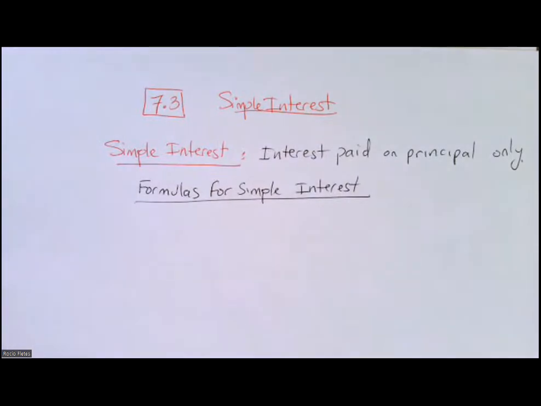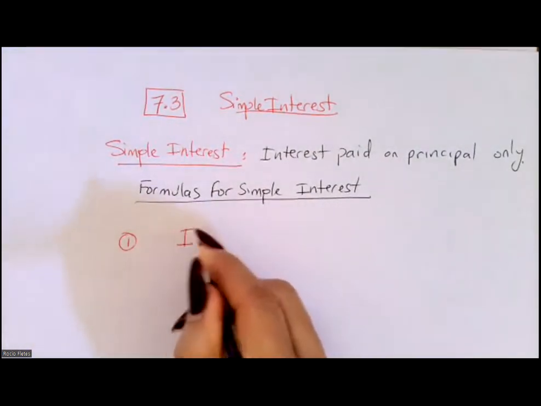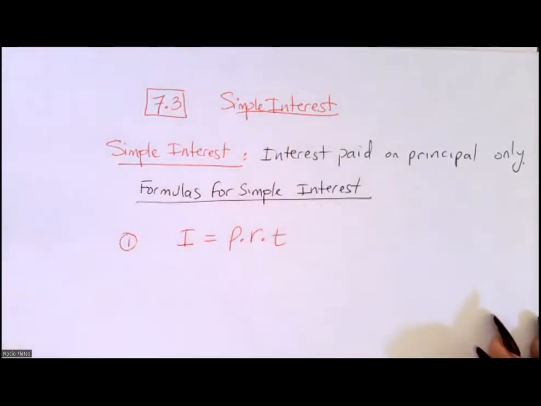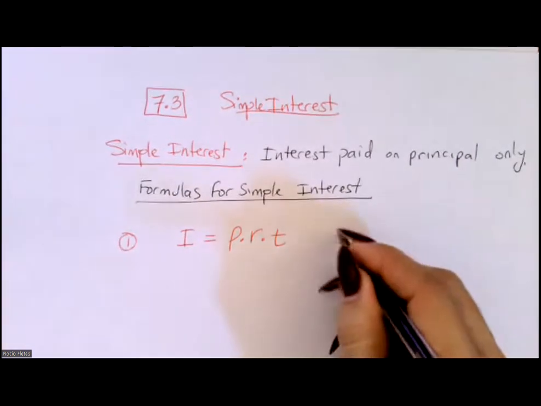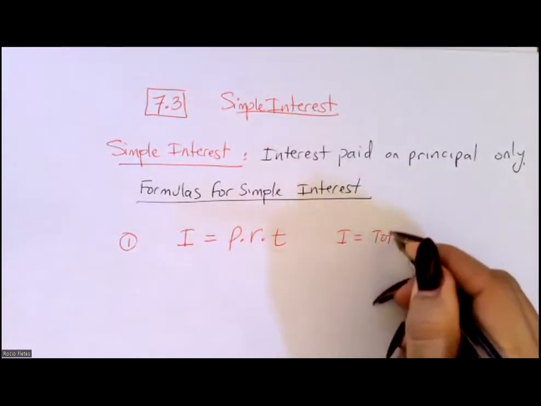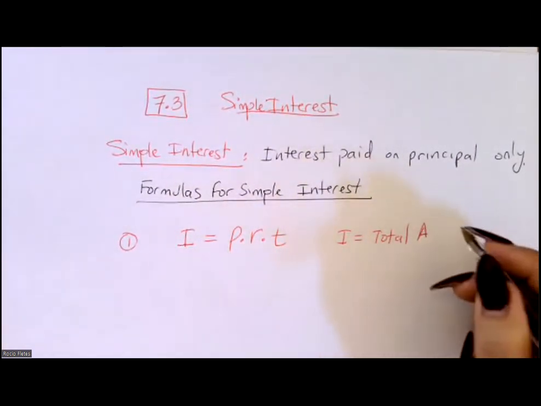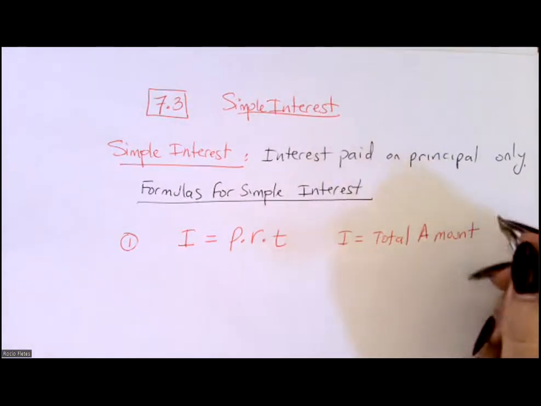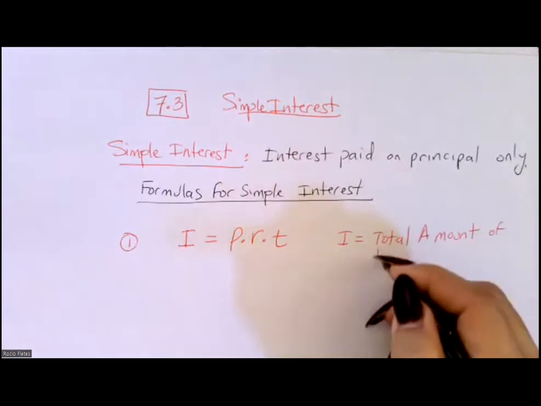The first one is I equals P times R times T. And I is the total amount of interest. This refers to an amount of money. It does not refer to the interest rate.